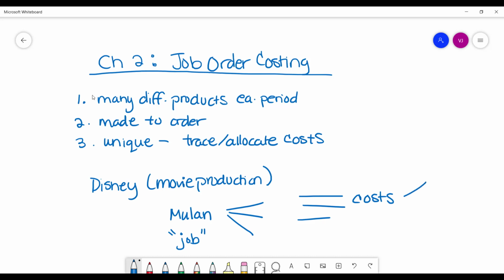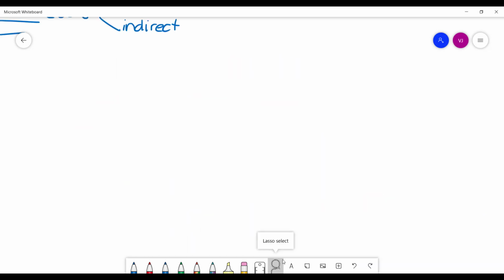Those costs will be made up of direct costs that we can directly trace to that movie, and also indirect costs that we can't necessarily trace, but that we have to allocate to that movie. So that's the main idea behind job order costing, and in what situations we would be using it from a managerial perspective.